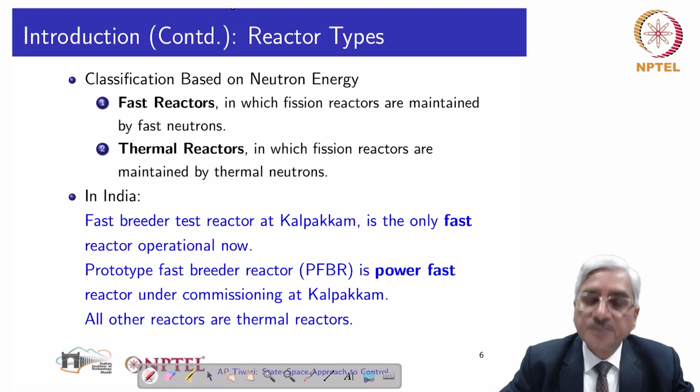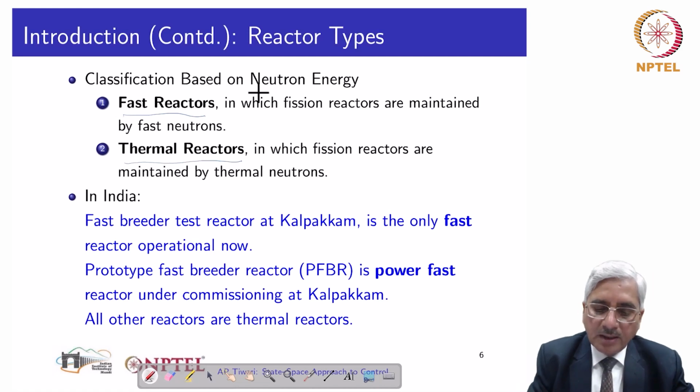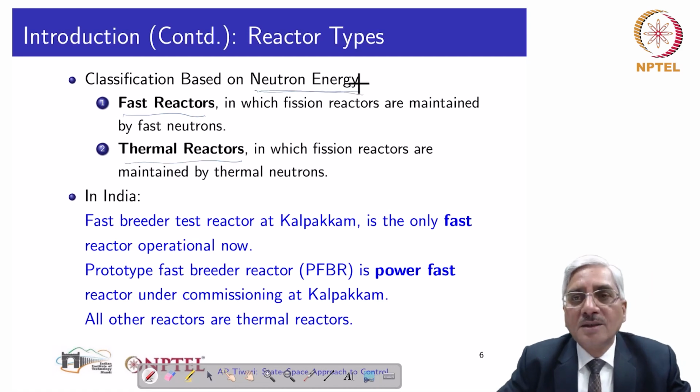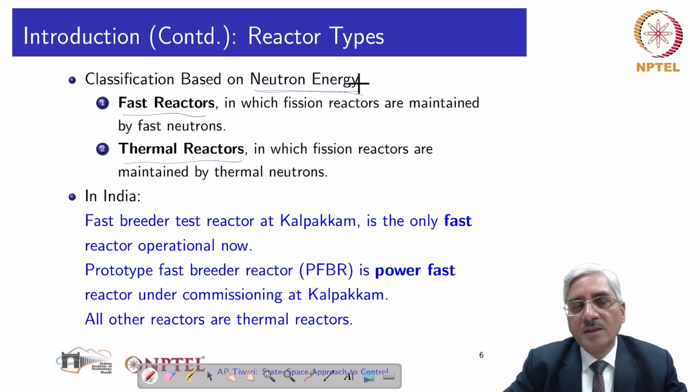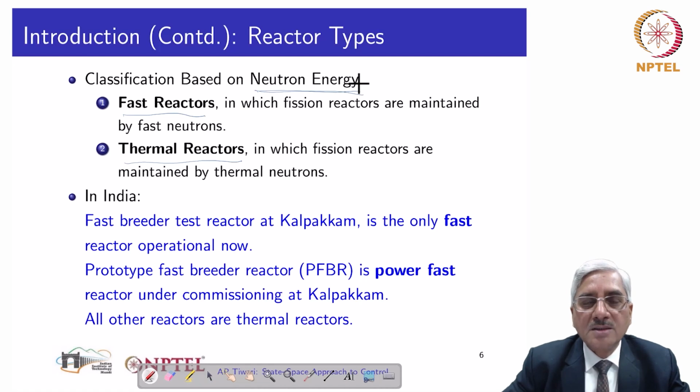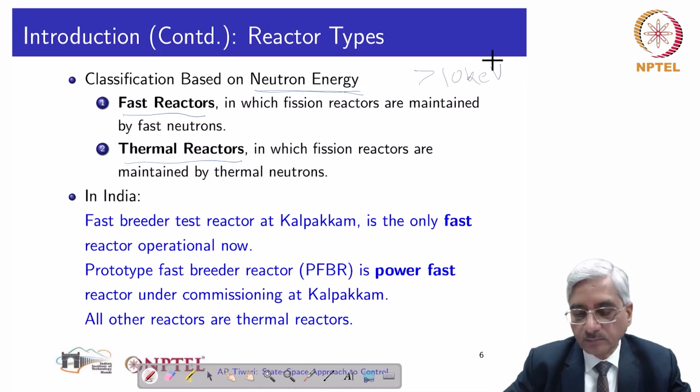Let us proceed. Reactors are classified as fast reactors and thermal reactors based upon the energy of the neutron, which actually initiates and sustains the fission chain reaction. So in fast reactor designs, the neutron energies are above 10 kilo electron volts, greater than 10 keV, sometimes in the million electron volts range.